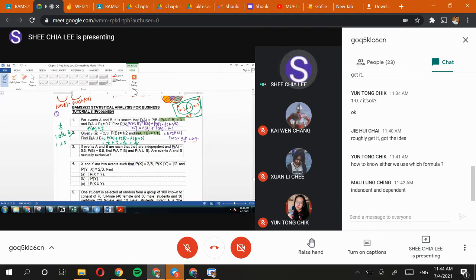If A and B are independent, keep in mind, the probability of A intersect B will be the probability of A times the probability of B.